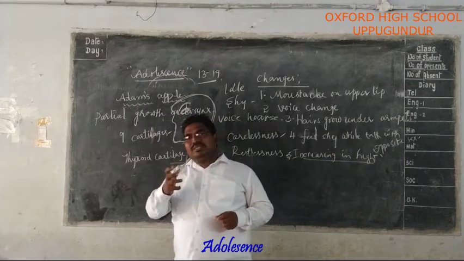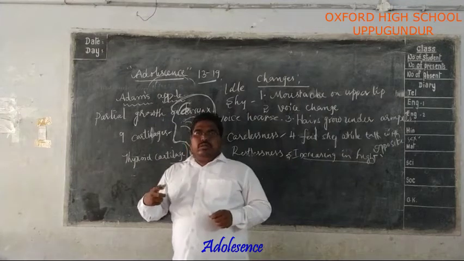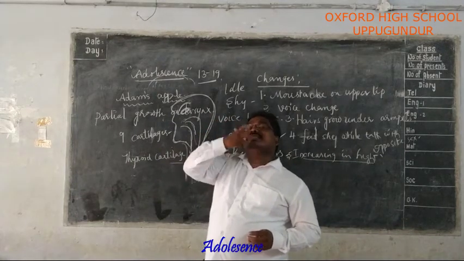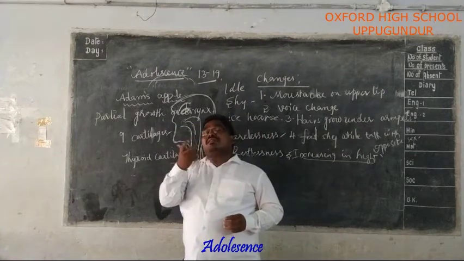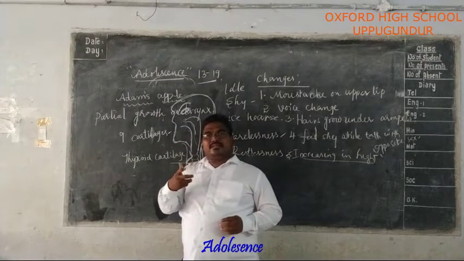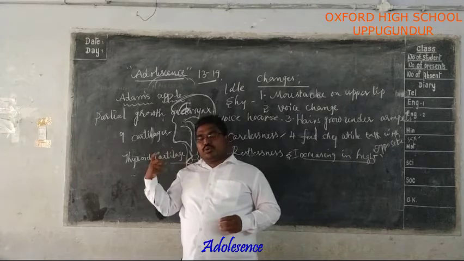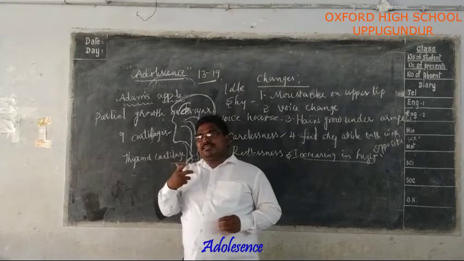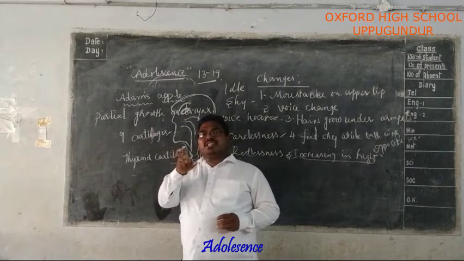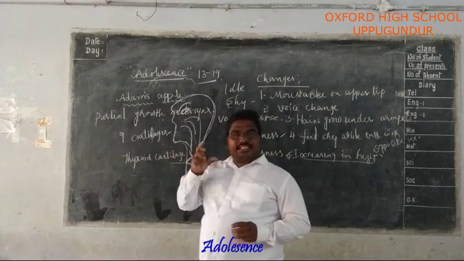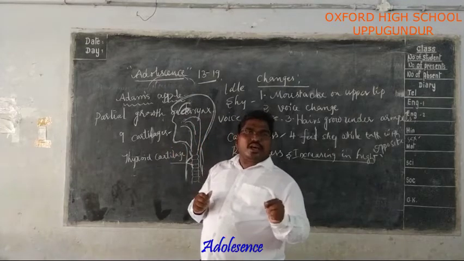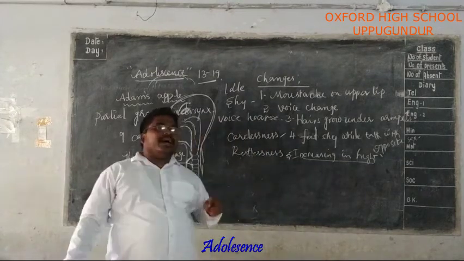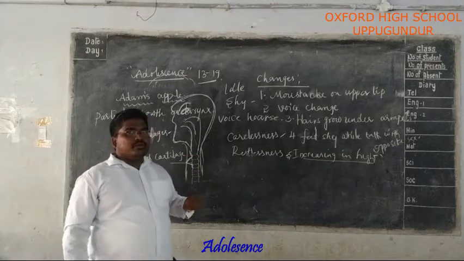So when the air comes out of the lungs through the vocal cords, the elongated cords vibrate. This is responsible for the harsh sound in the throat. Do you understand?